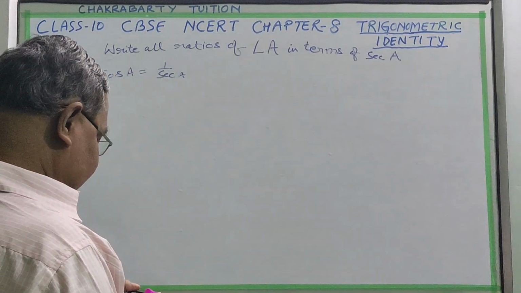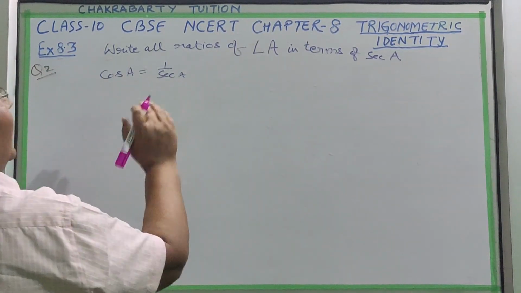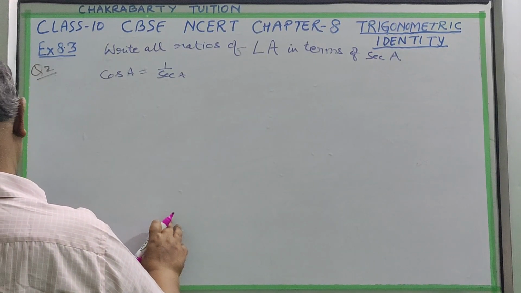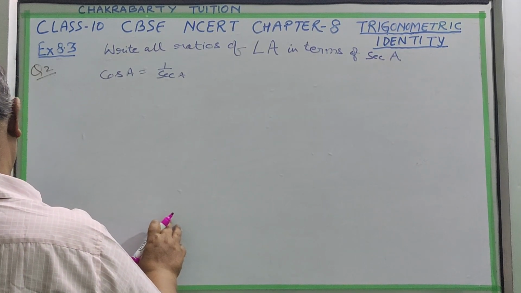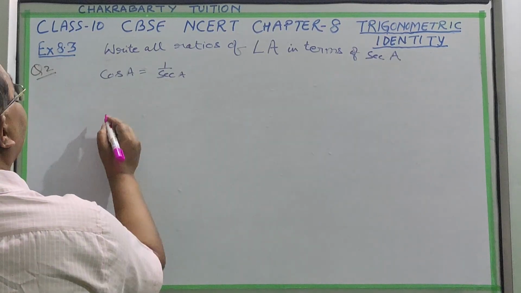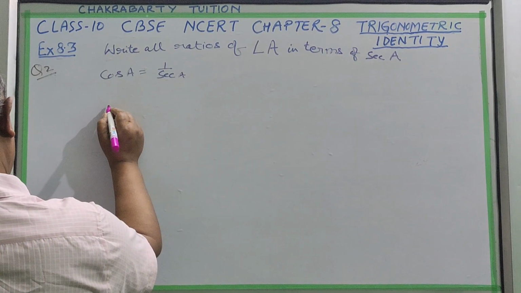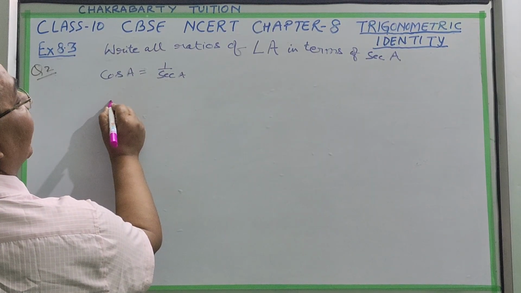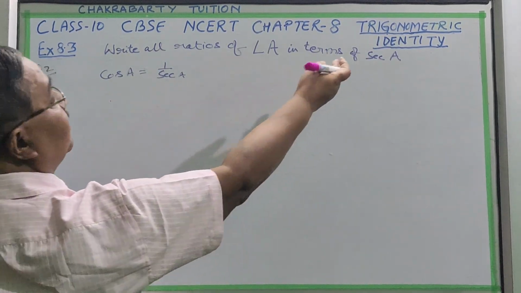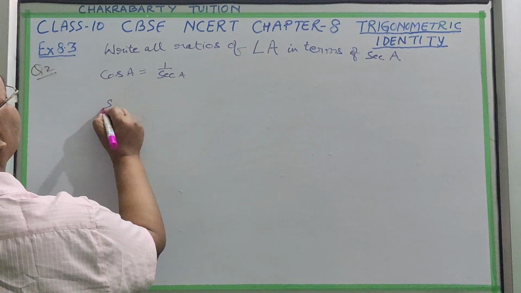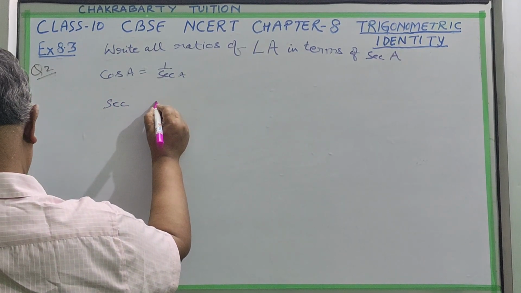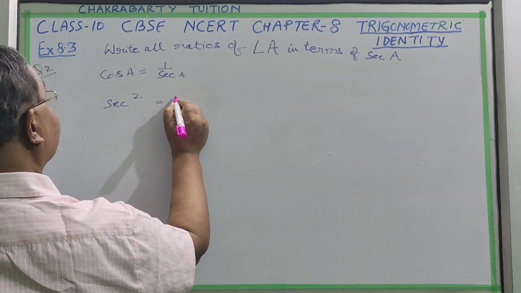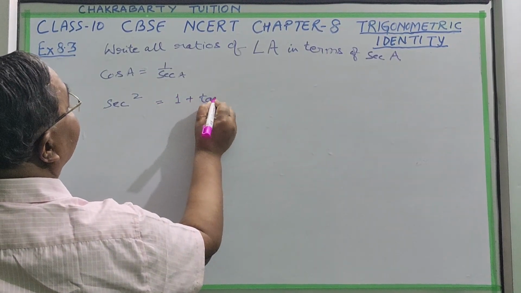Okay. Now second, sec is over and 1 is over. So now we will try to find tan. Okay, so we know that sec is related to tan. Or the identity also we can use: sec square is equal to 1 plus tan square.